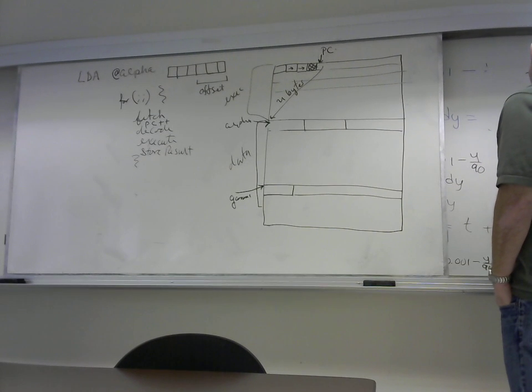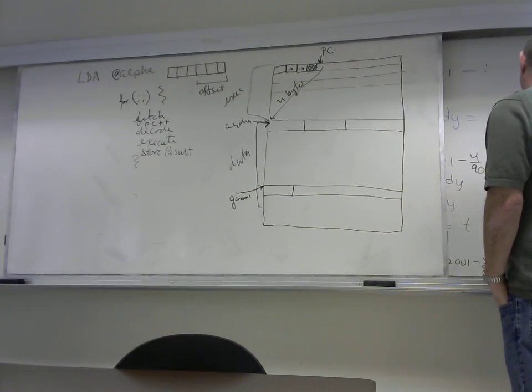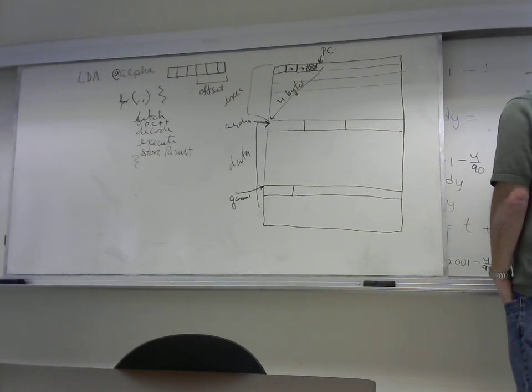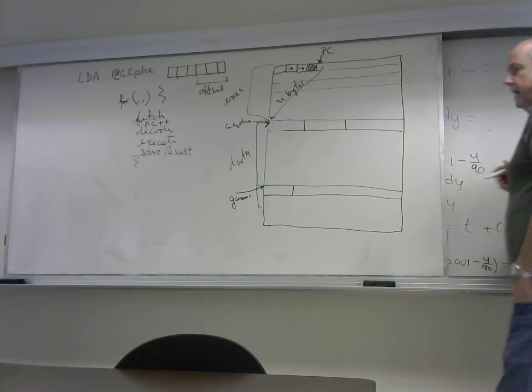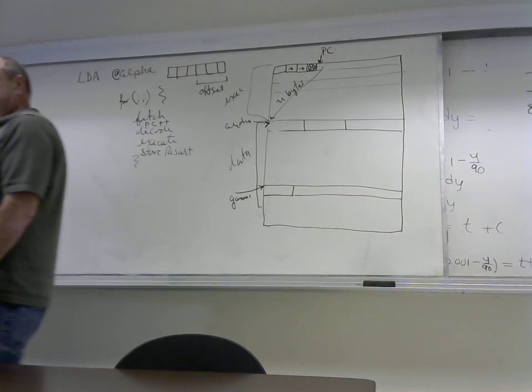And in hex, this is 800 up to 7FF, 3 hex digits. So you can go forward or you can go backwards.